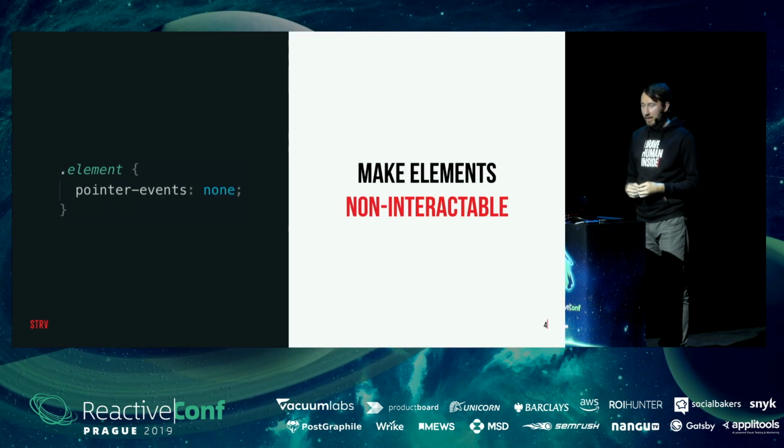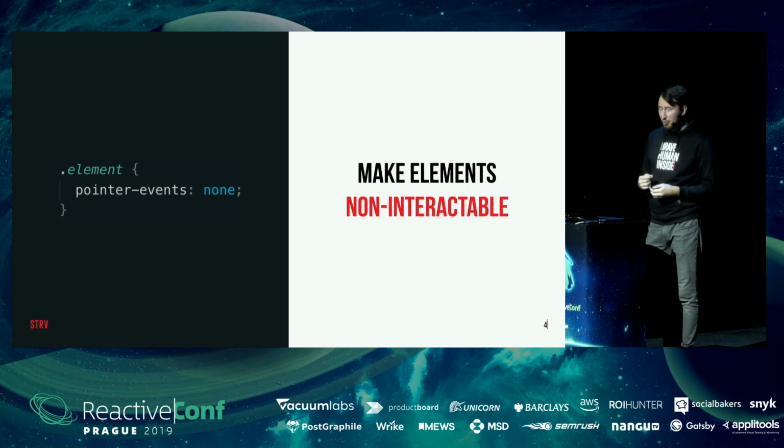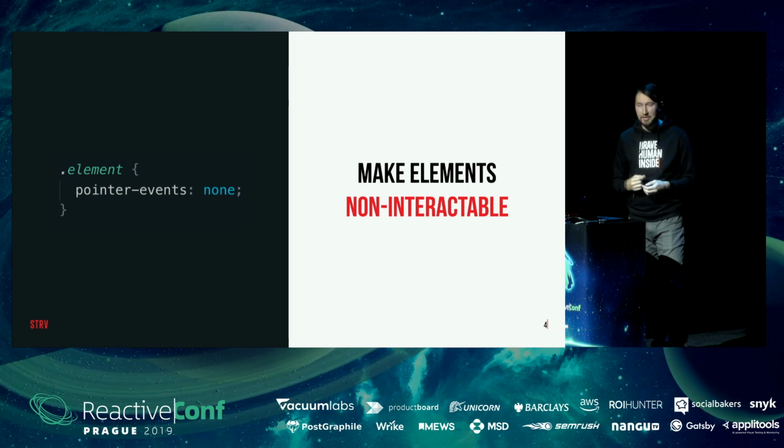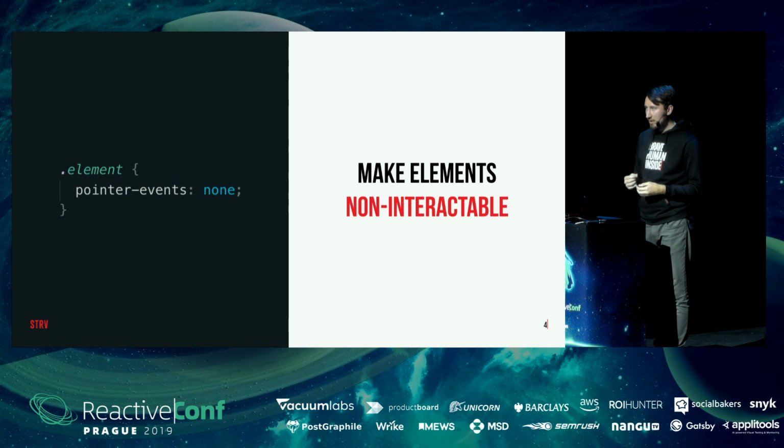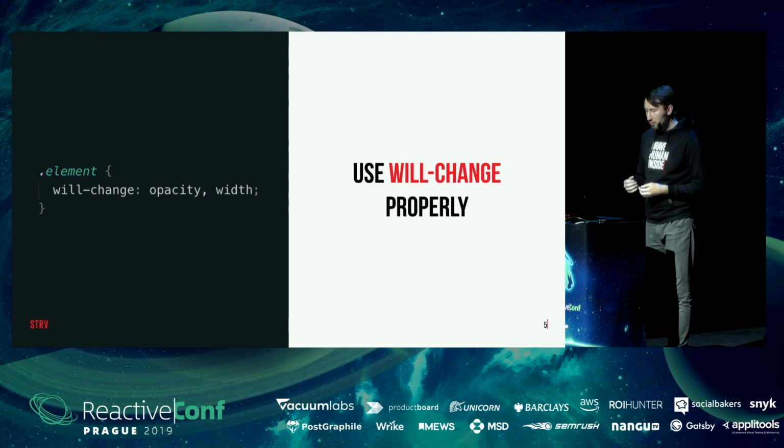First of all, if an element will be animated, but it doesn't accept any input from the user, then we can use the pointer-events: none CSS property to let the browser perform some micro-optimizations under the hood. We can also use the will-change property to let the browser optimize things further.